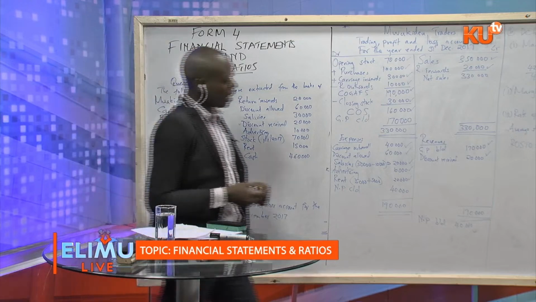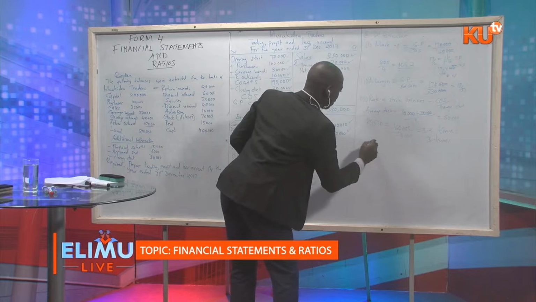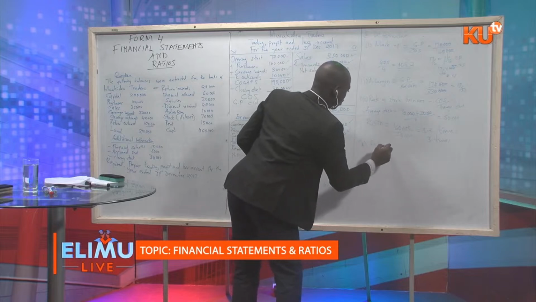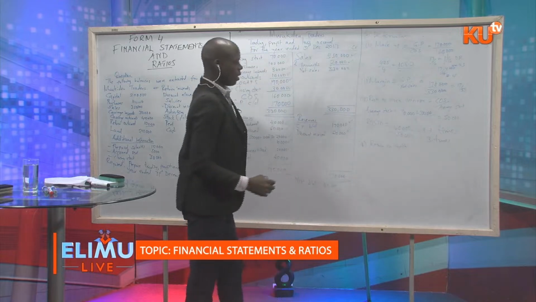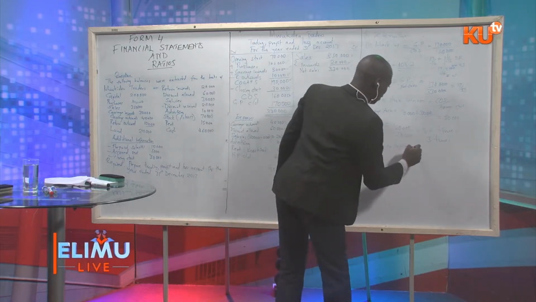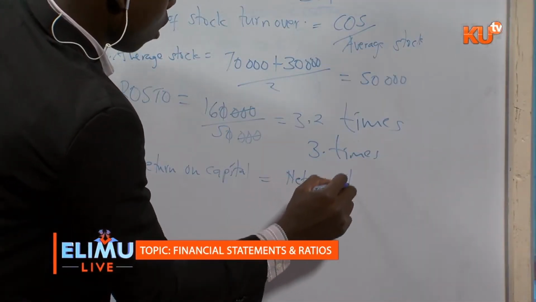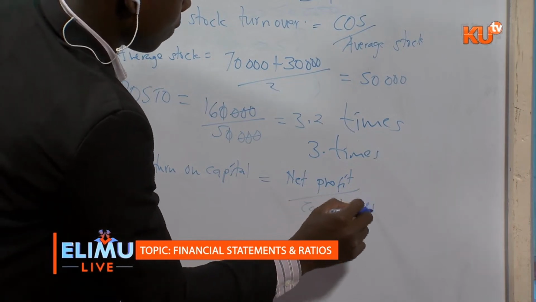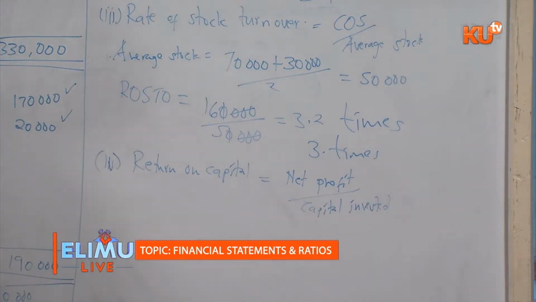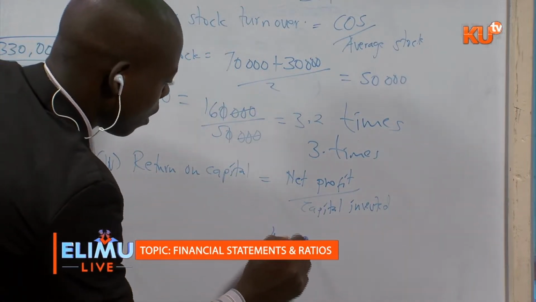Lastly, we can also calculate what we call return on capital. We said return on capital is given by net profit over capital invested. We have our net profit, which is 40,000.